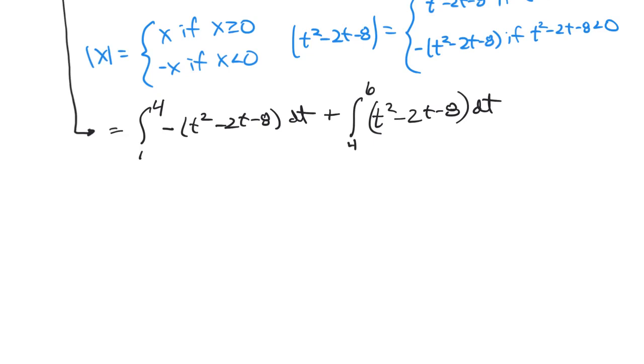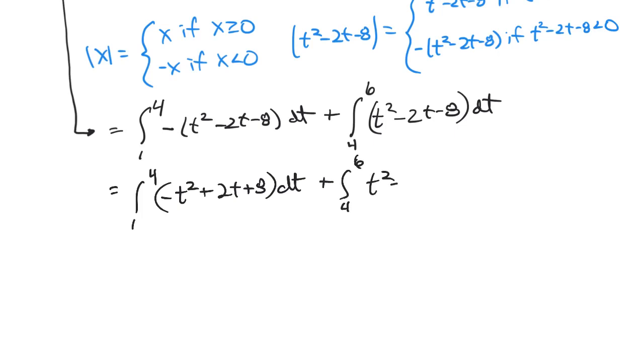So then we can go ahead and integrate. So we're going to get, let me do one more step here and just distribute this through: the integral from 1 to 4 of negative t squared plus 2t plus 8 dt, plus the integral from 4 to 6 of t squared minus 2t minus 8 dt.